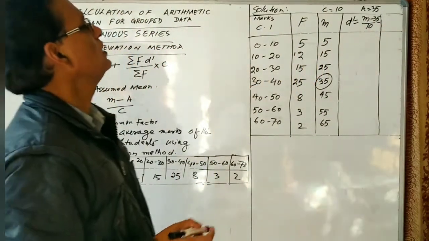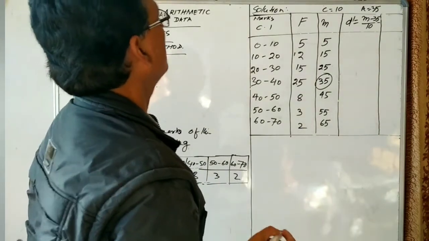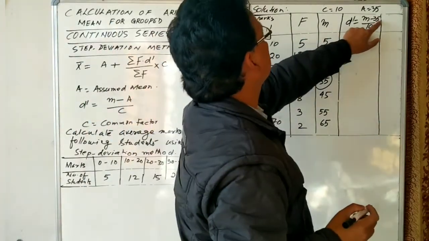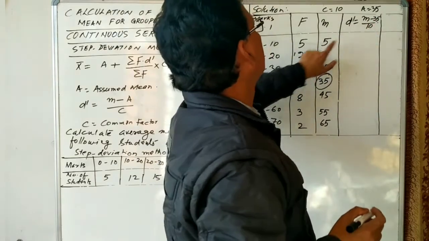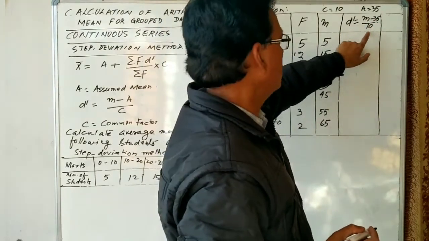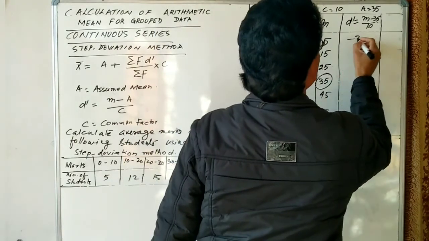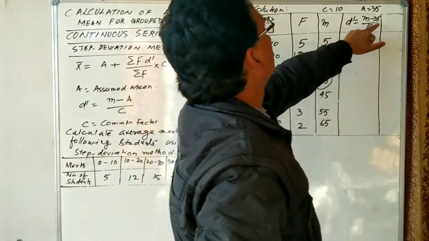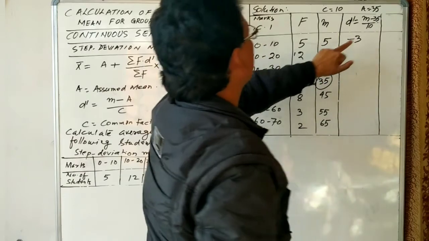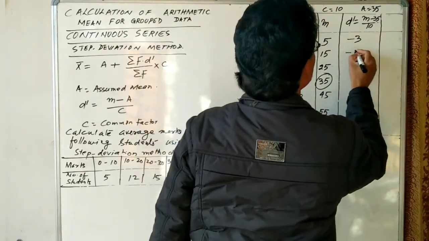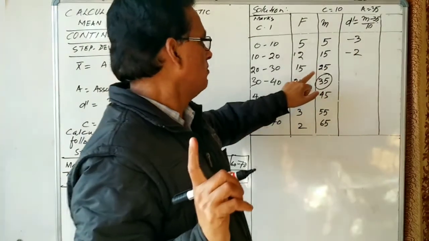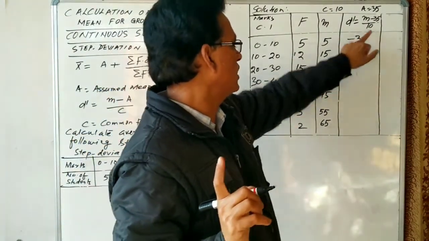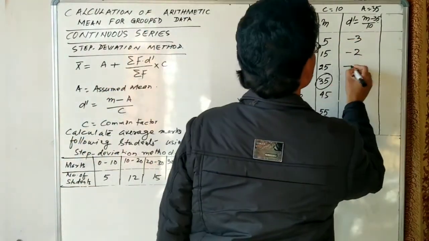So let us find out d dash. How can we find out? This 5 minus 35 divided by 10. 5 minus 35, this is minus 30 divided by 10, it will be minus 3. 15 minus 35, this is minus 20 divided by 10, it will be minus 2. 25 minus 35, it will be minus 10 divided by 10, so it will be minus 1.